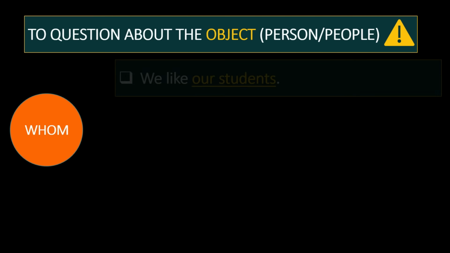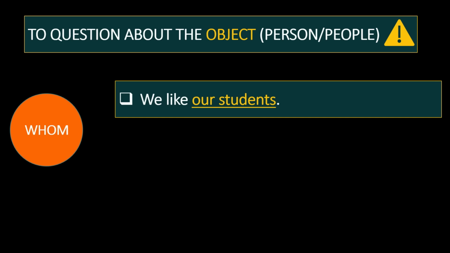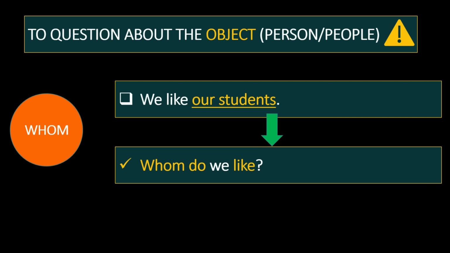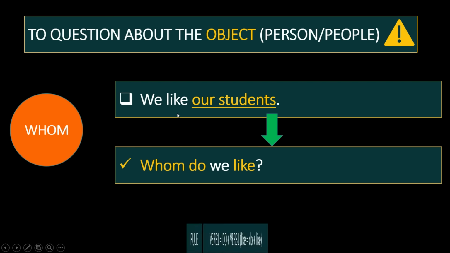The next one with the same word whom. We like our students. Now the question is, whom do we like? Whom is the same, and one thing that has changed here is this. Instead of verb 2, we have used verb 1 here. And what is the rule?